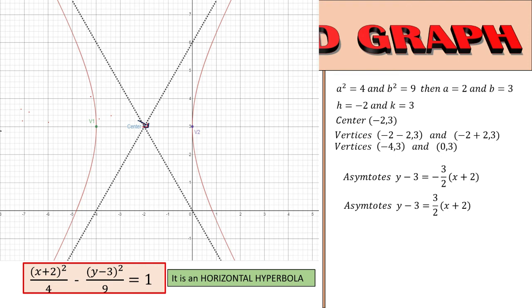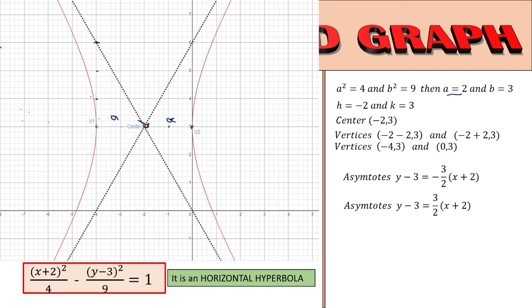Now, from negative 2, and a is 2, you move 1 and 2. And from the left, 1 here and 2, because this is the value of a. 1 and 2, you have the vertex. And from this vertex, b is 3, so you move 1, 2, 3.